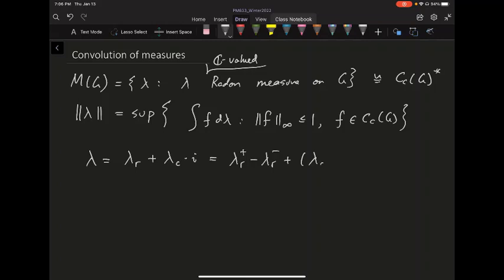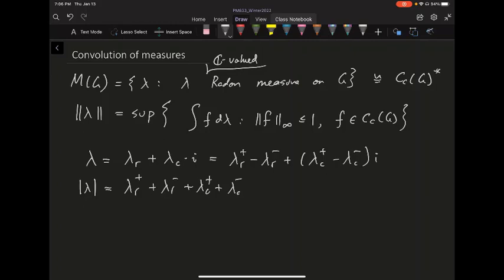Okay, and you do the total variation. This is essentially adding all of them up. Okay, so you do that. All right, then you will get a real valued measure. Okay, that's going to again be Radon. Okay, and you can basically put a norm in this way as well. Okay, so that's basically two ways of putting a norm on the M of G.